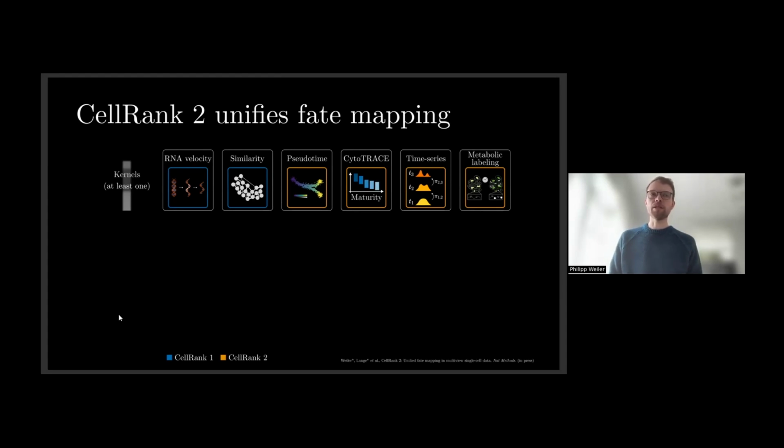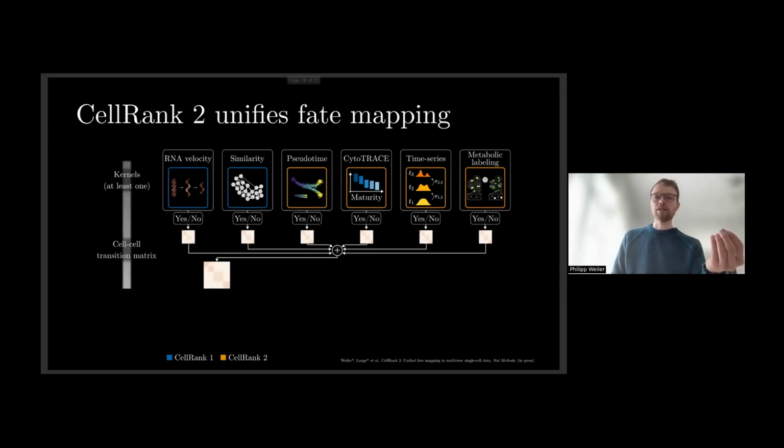So what we did is we realized that given all these different concepts of quantifying how cells evolve, you just need one of these. As a next step, you design a cell-cell transition matrix. So that was the step that was saying that for each reference cell, you find likely future states.